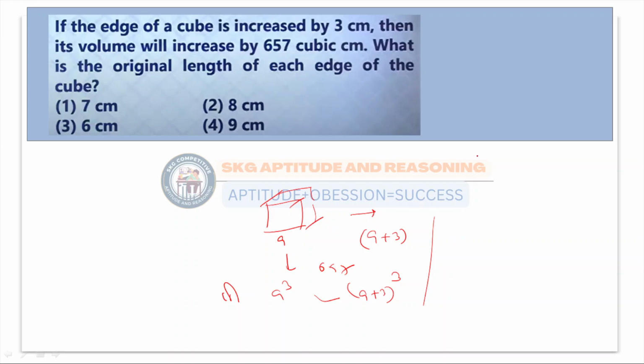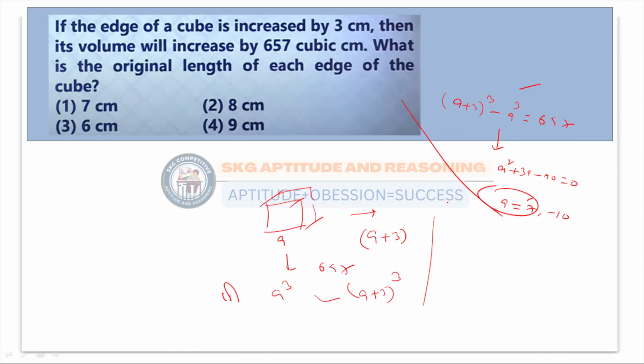We go with the normal method, we need to solve like this. A plus 3 whole cube minus a cube will be equal to 387. If we do simplification here, we'll get a quadratic equation, a square plus a minus 70. And if we solve this one, we'll get the value of a as 7 comma minus 10. But we'll take only the positive value.